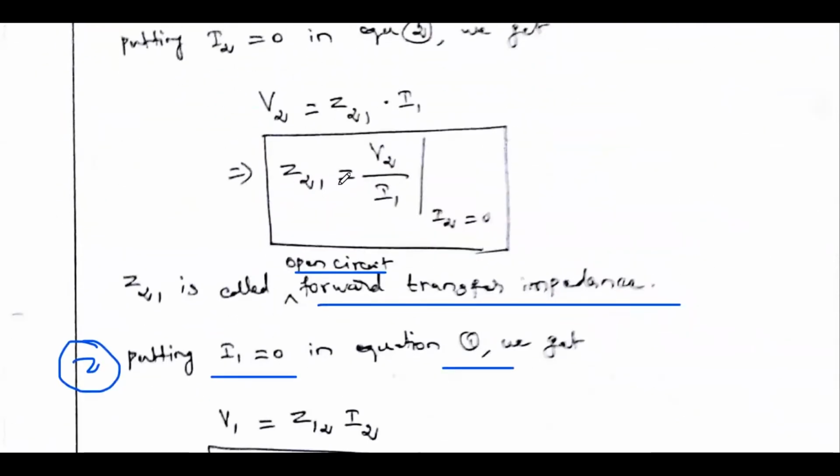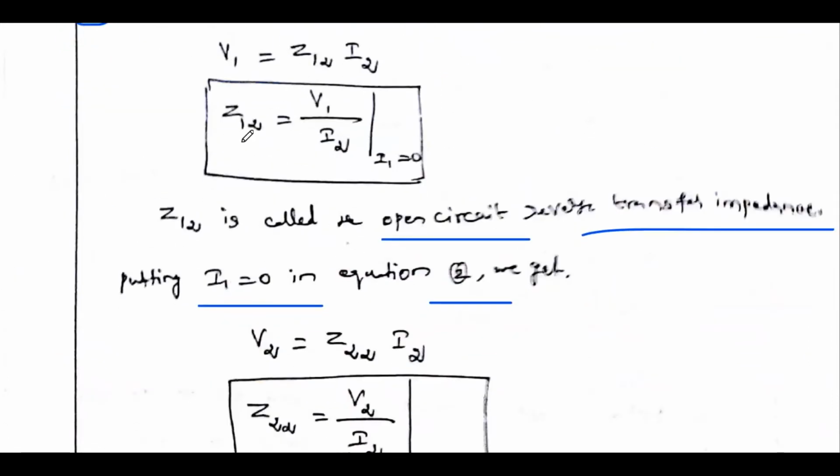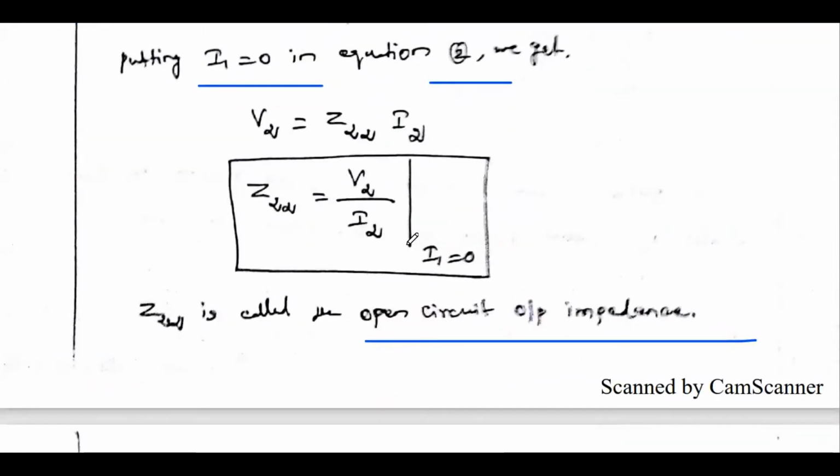Similarly, Z21 means the first is V2 in the numerator, the second you give to the denominator I1: V2 by I1. Then Z12 means V1 by I2, and Z22 means V2 divided by I2. So these are the four impedance parameters, and the unit for these four impedance parameters is ohms.